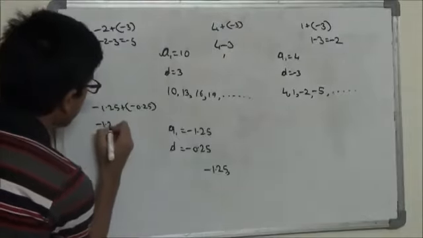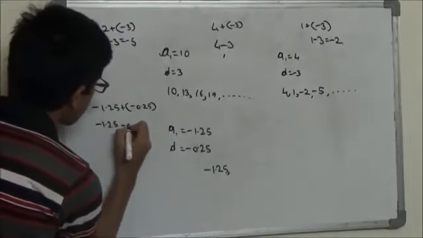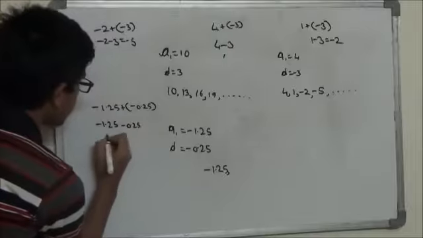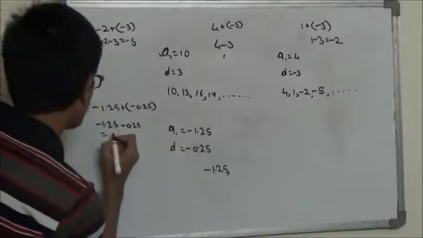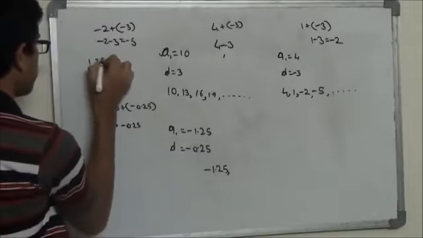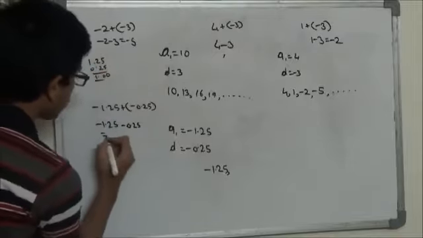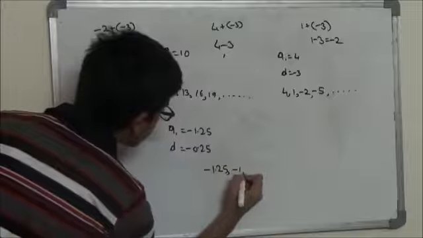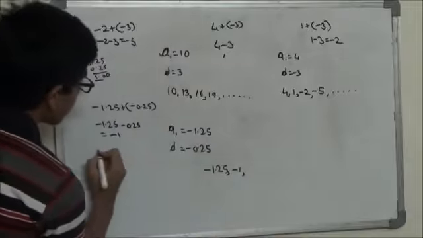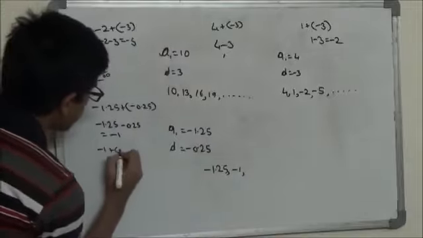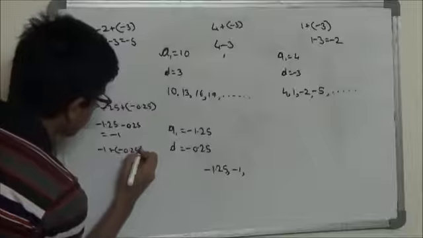So minus 1.25 minus 0.25 is minus 1.5. Minus 1 and next term is minus 1 plus minus 0.25.